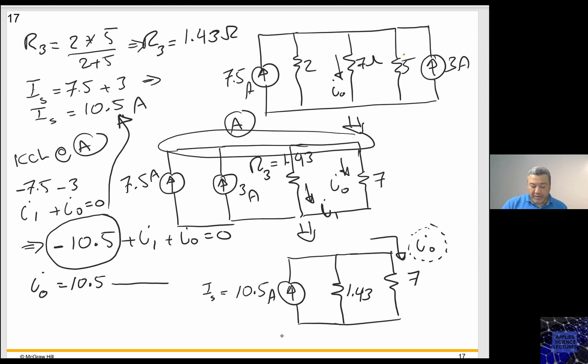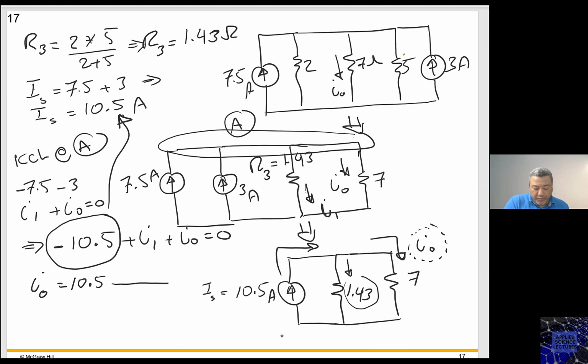No, I naught is not equal to IS. IS is going to split into two currents. One goes here and one goes to I naught. What is I naught using the current division? The resistance of the other branch divided by the summation of the resistances of both the branches.